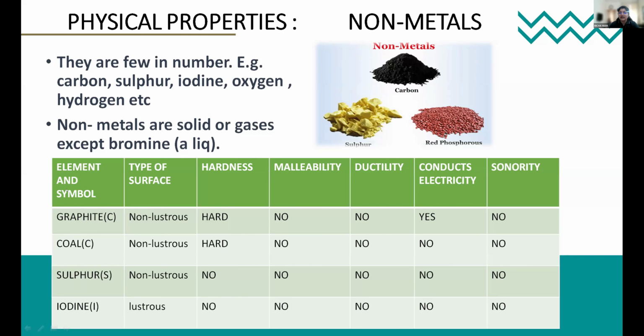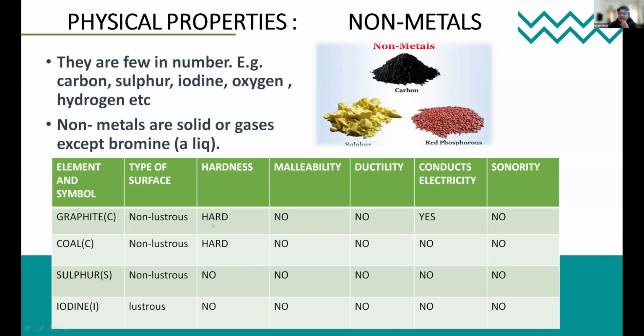As we know, if metals have a shiny surface, non-metals should have a non-shiny surface, that is, they are non-lustrous. Metals are lustrous, non-metals are non-lustrous. Here, graphite, when you see the lead, is non-lustrous.